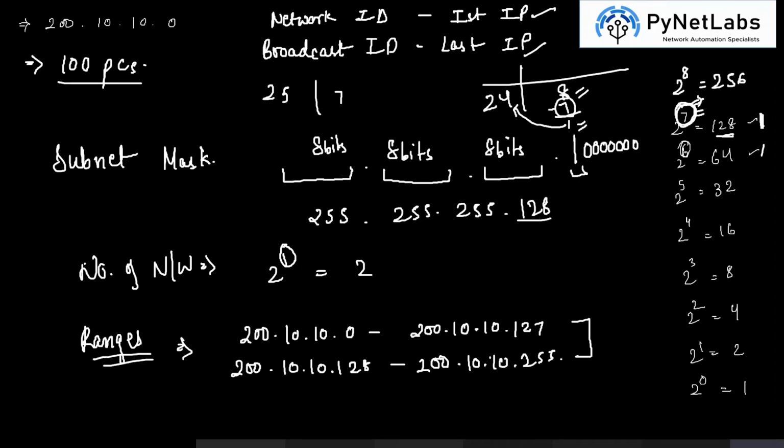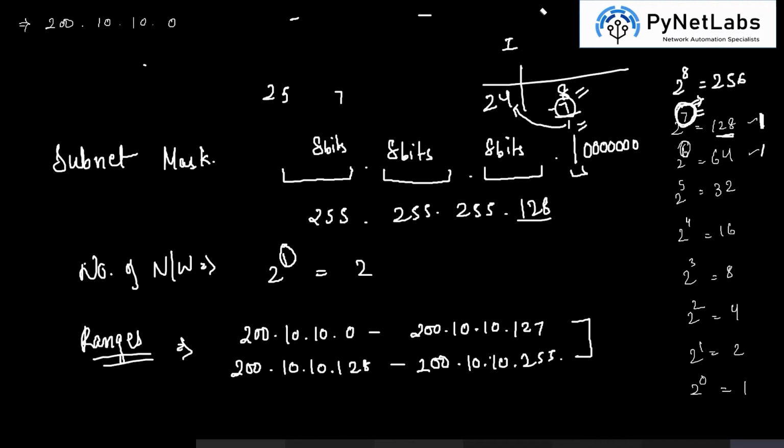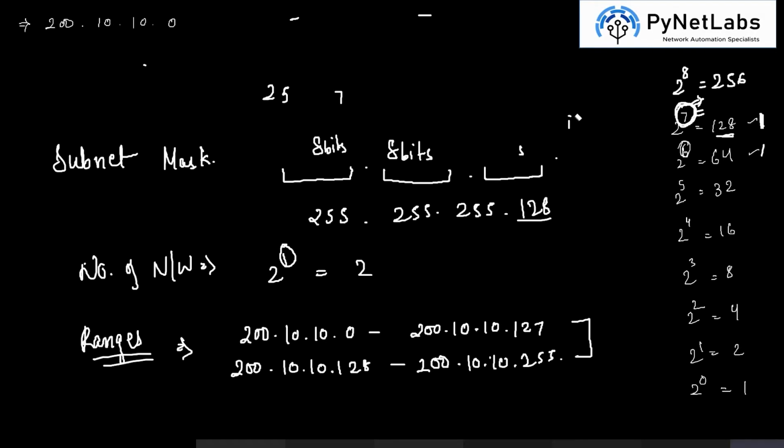So let's try one. I would request you to keep your notebook and pen ready with you, and I'm giving you an IP range with a requirement of PCs, and you have to solve it and post your answers after that.